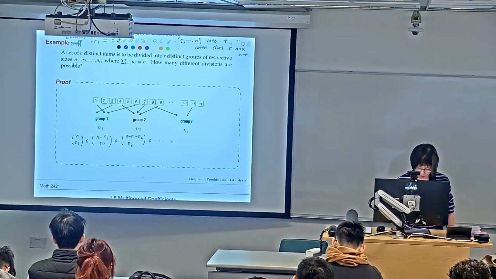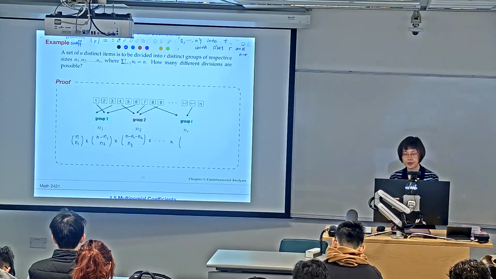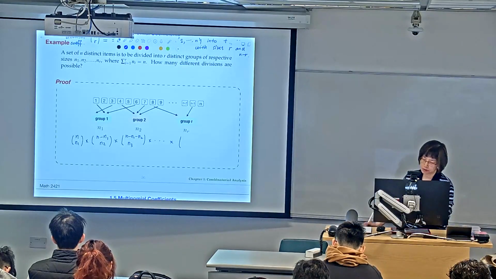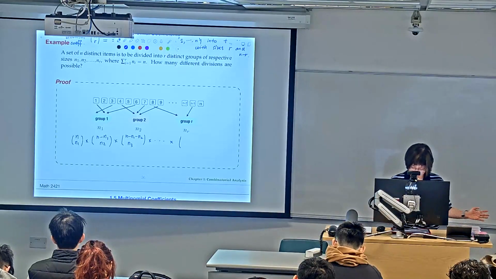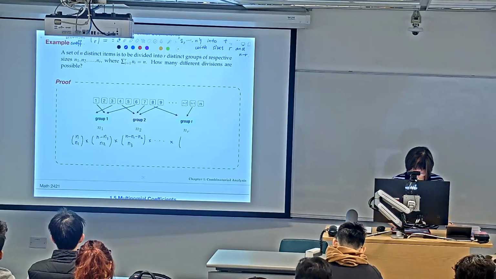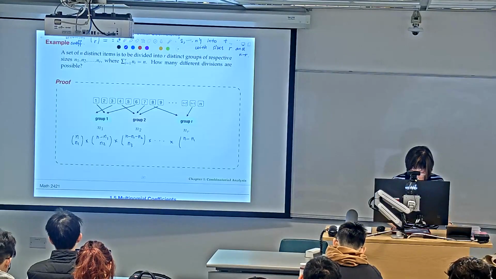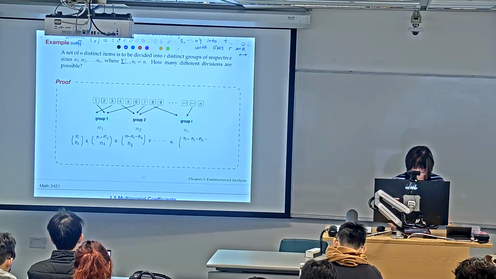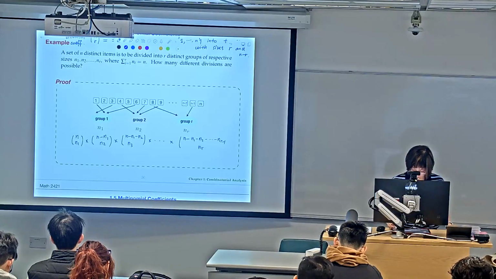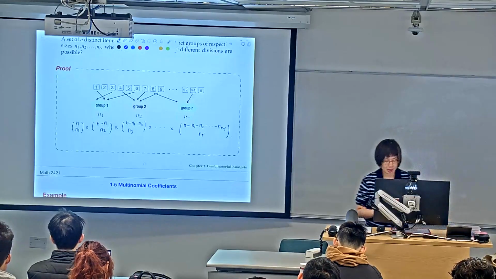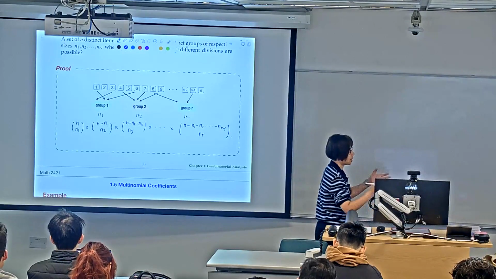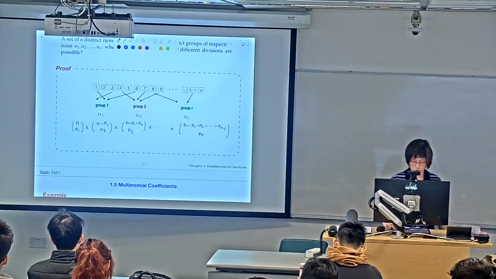We do this for each group. For the last group, after we have chosen the previous r minus 1 groups, we are left with n minus n1 minus n2 up to minus n(r-1) atoms. We choose nr out of it. So basically, for the last group, you are left with exactly nr atoms, and you just choose all of them.